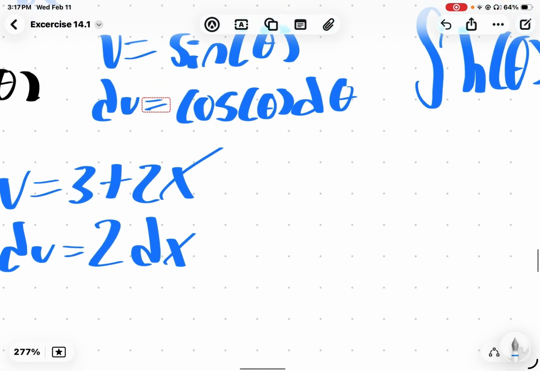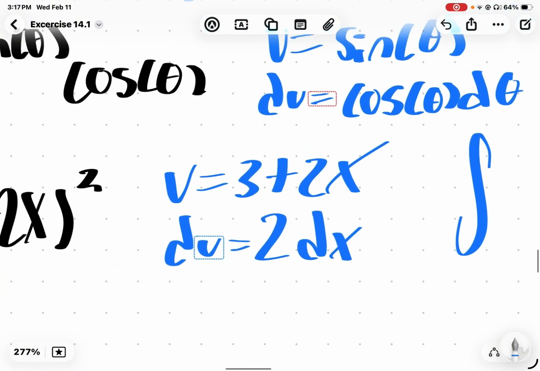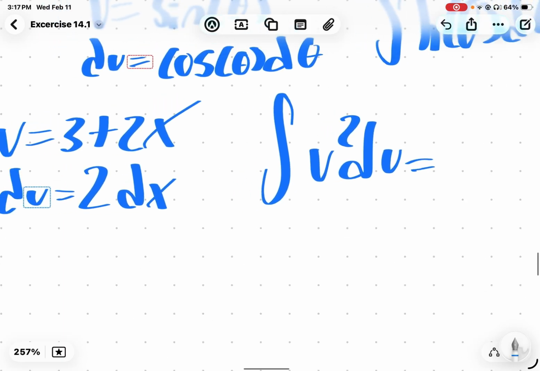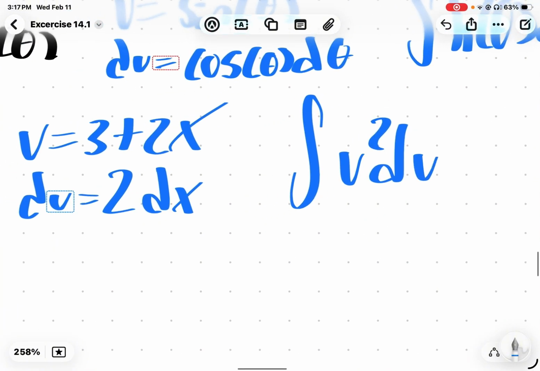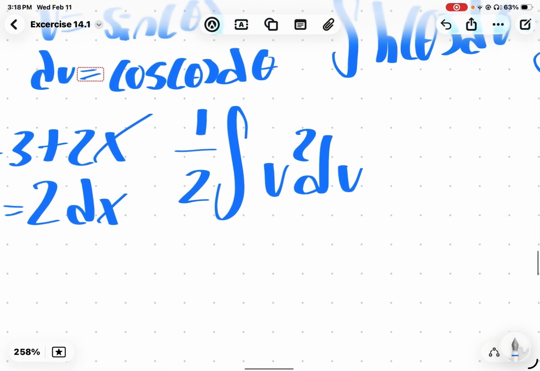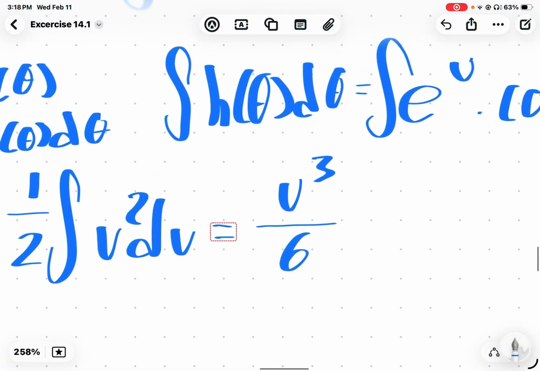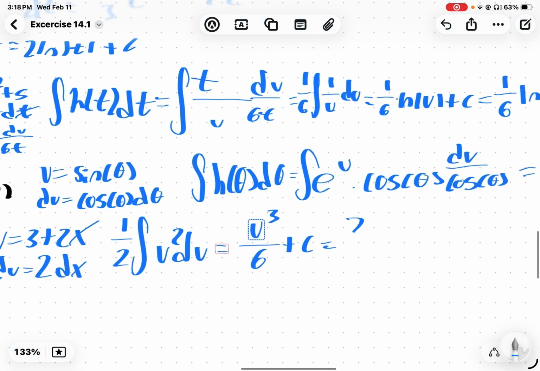The integral of u squared du, and then we have 1 over 2, equals u cubed over 6 plus c, where u is 3 plus 2x, plus c.